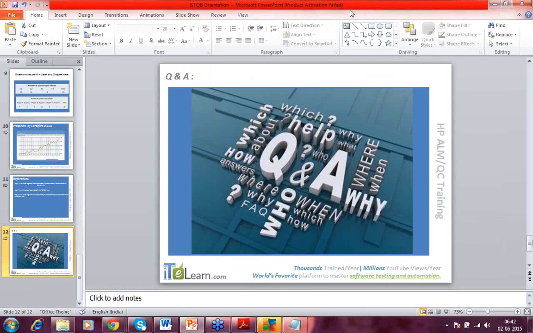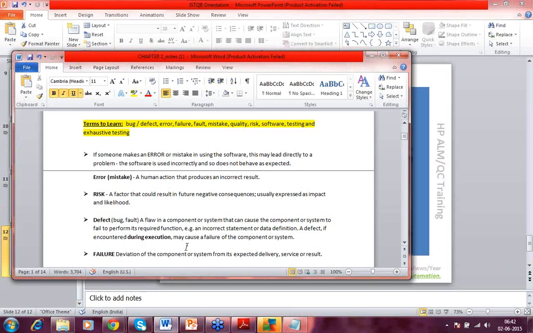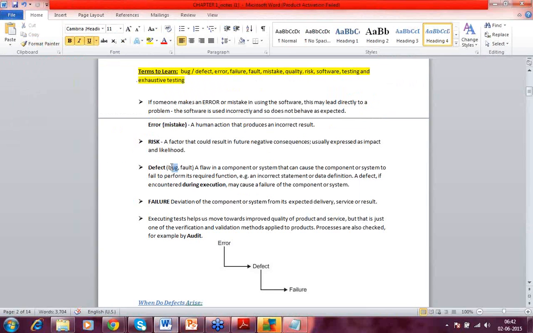So what is the difference between a bug and a defect? One thing you can see here is I'm using a synonym for it, but you can also say that any programming error specifically we call a bug. But a defect is something that deviates from an expected behavior.